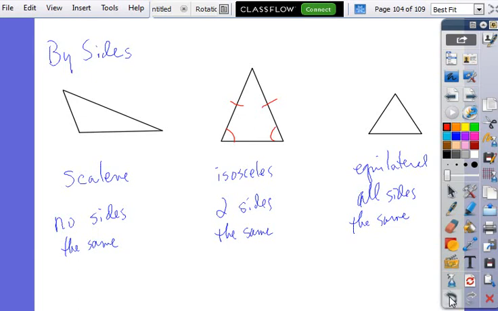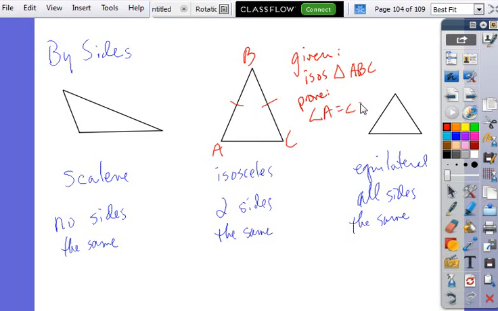Now, they may ask, how do you prove that those are the same? If I had this right here, and it said, given isosceles triangle ABC, prove angle A equals angle C. Can anybody tell me? AB equals BC.